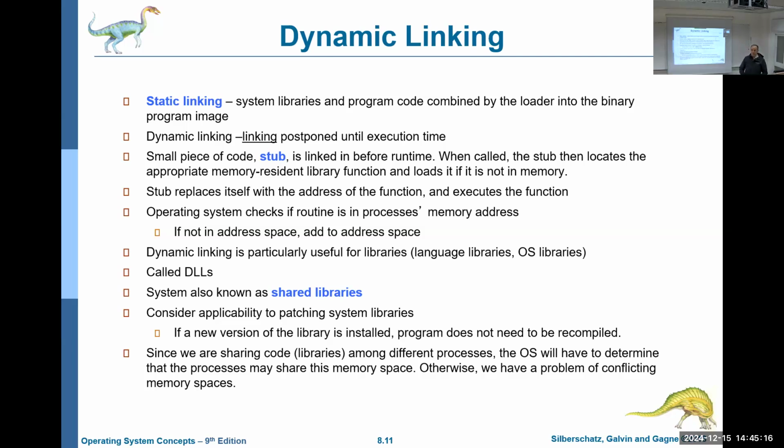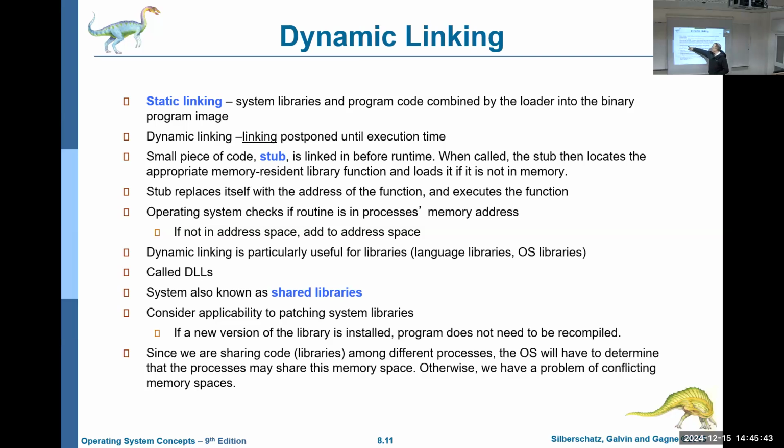Why would it already be in memory? By whom? By some other process. If it's a library function like iostream, it could be already in memory. And I could just link to it. I don't necessarily have to have it in my code. We'll see how this is done in greater detail later. But the stub replaces itself with the address of the function and executes the function.